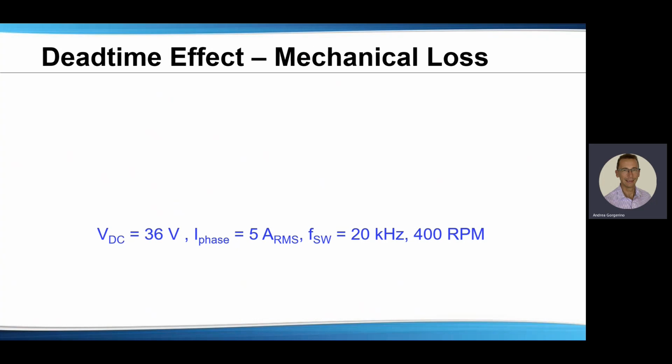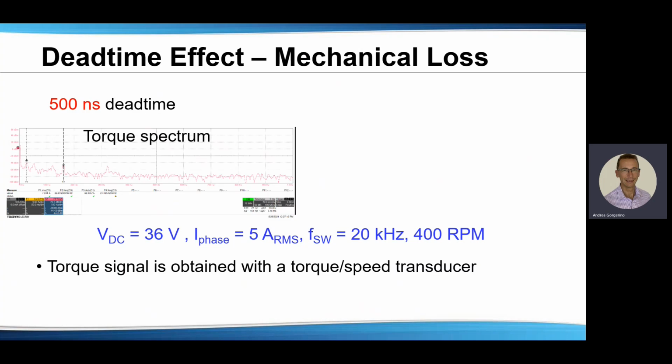Based on the same measurements as the previous slide, we measured the spectral content using an FFT for the torque measurement of the motor. This is a direct measurement of the torque spectrum, basically. On the left-hand side, with a 500 nanosecond dead time, a 6th harmonic on the torque signal can be clearly observed.